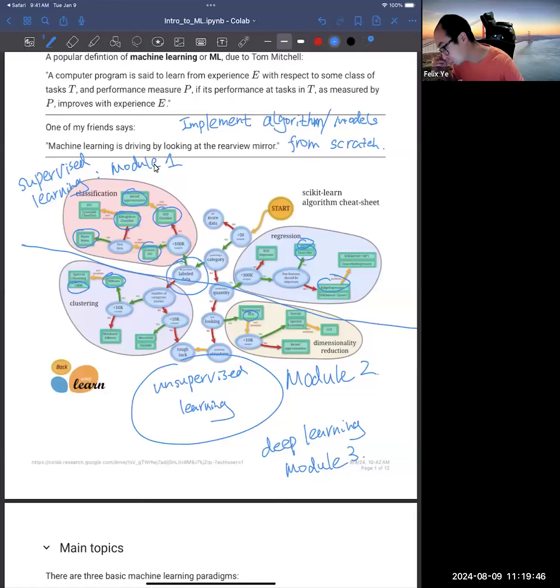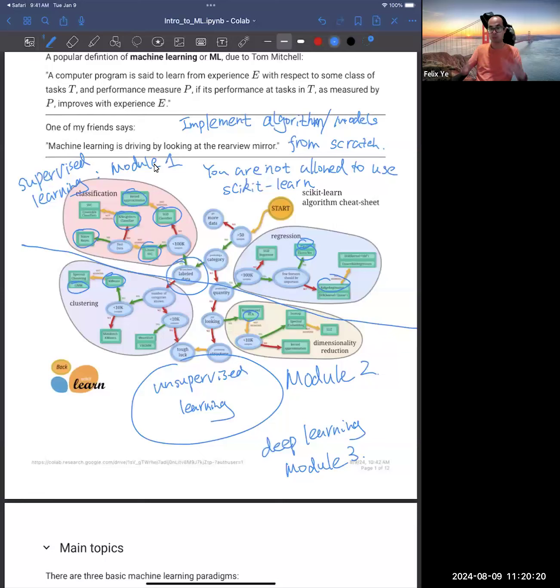So for this course, which is machine learning, for the most part you are not allowed to use scikit-learn. This is the key. You are not allowed to use scikit-learn, unless there are some functions that I specifically let you use.